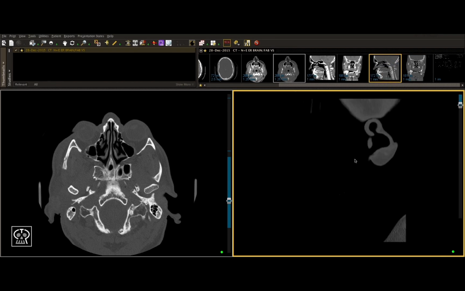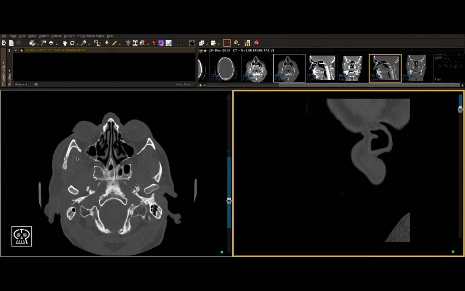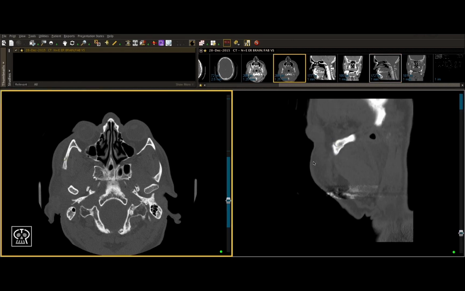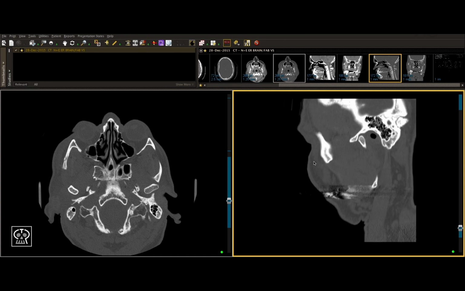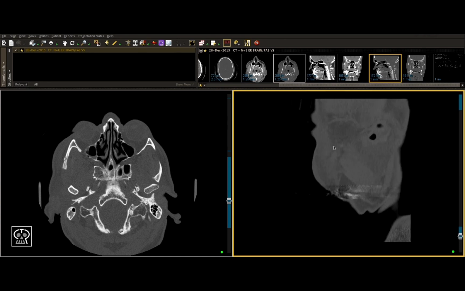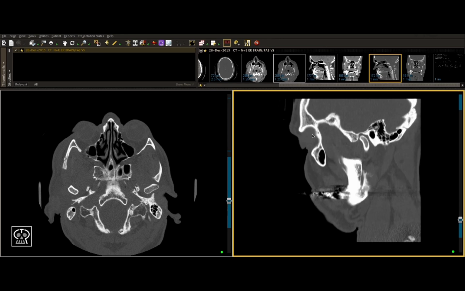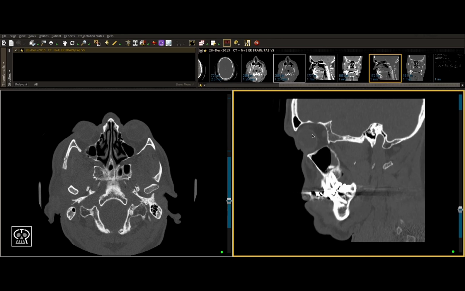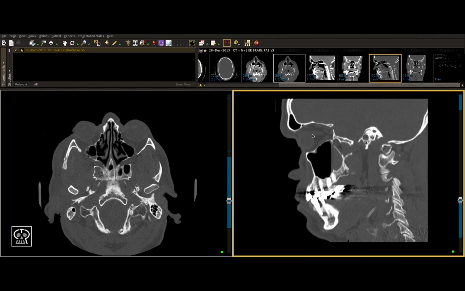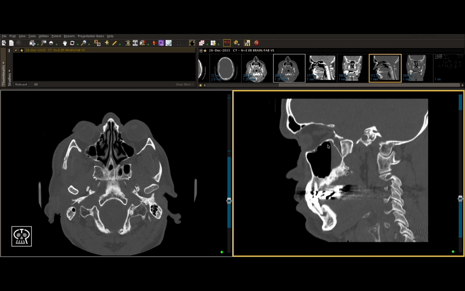Moving on to the sagittal side, we can examine our arch fracture here once again. Normal ZF. A normal floor.